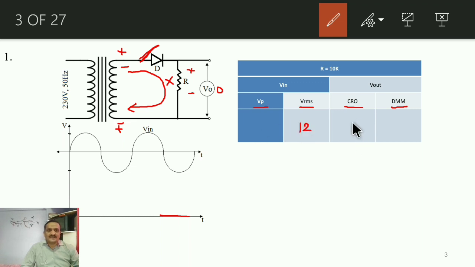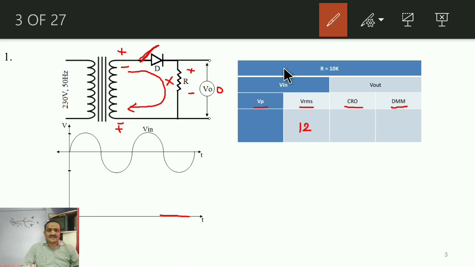If we observe the same signal on CRO, the peak value of the observed output during each positive half cycle only, because during the negative half the output will be zero, will be Vp minus 0.7, because 0.7 is the voltage drop across the diode. It is nothing but the barrier potential of that diode.